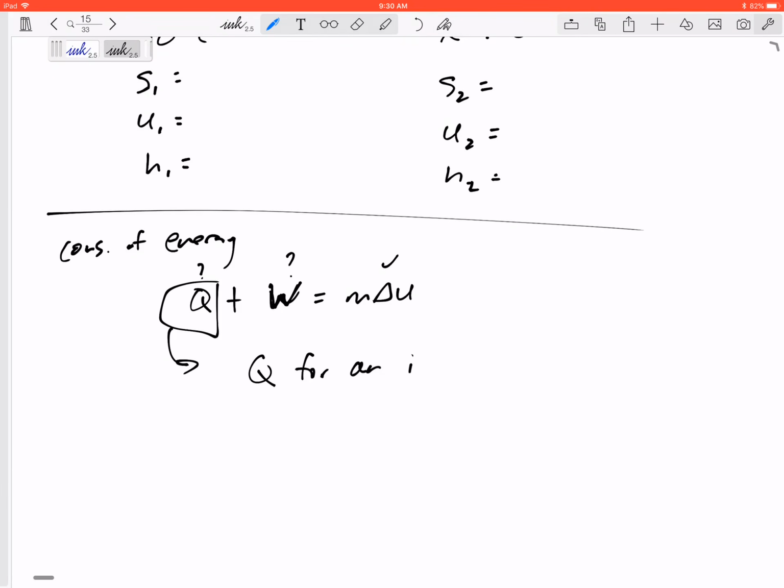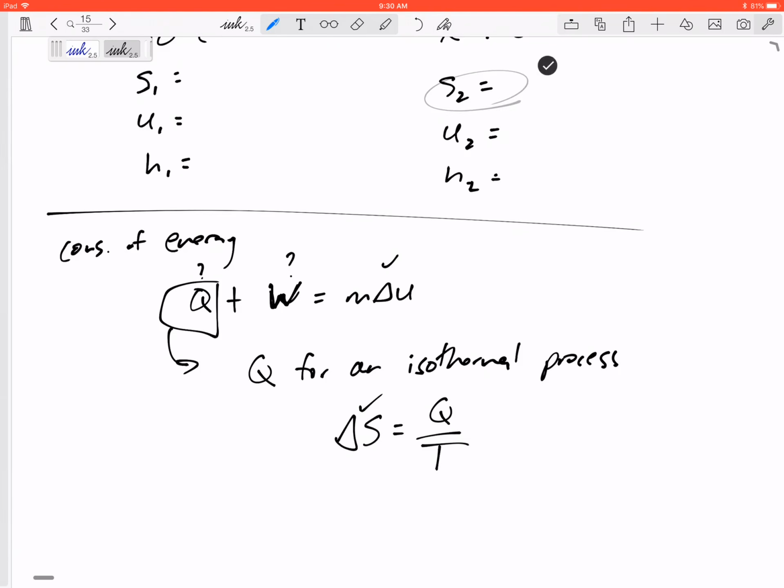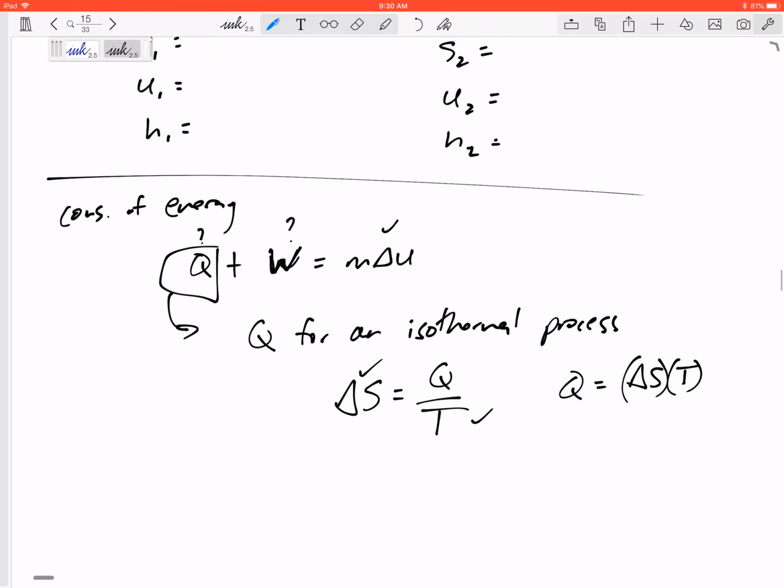For an isothermal process, the delta S is Q over T. We know the delta S, or we could figure it out, and we know the T. That's how we're going to find Q: delta S times temperature, or little q, since these should really all be per unit mass.